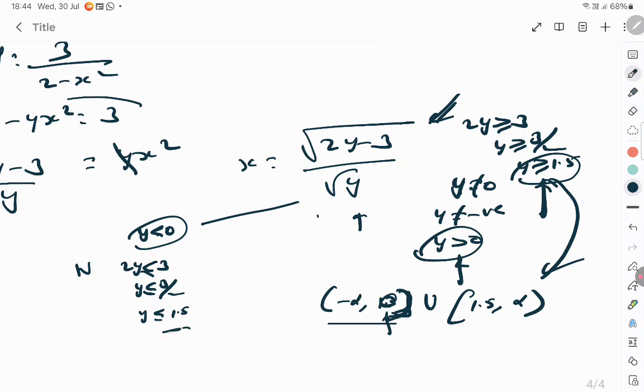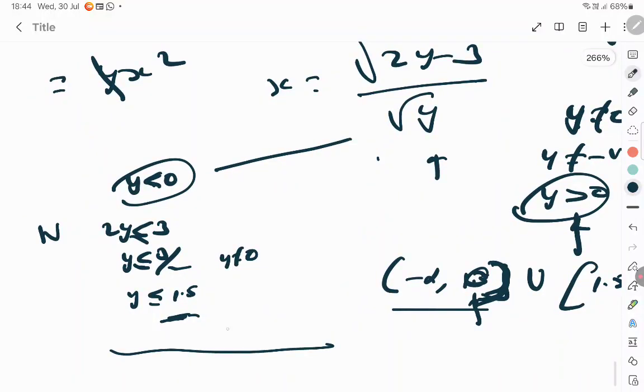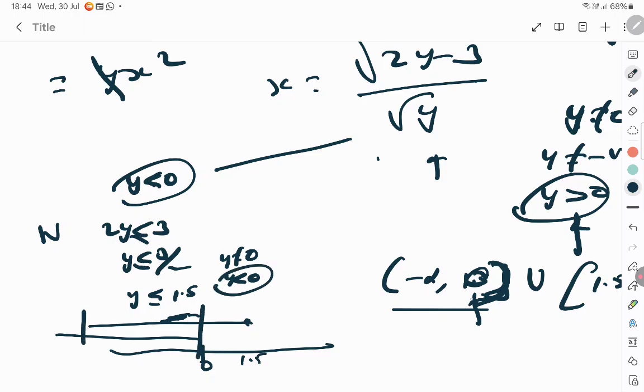And you know, from this derivation, y has to be lesser than or equal to 1.5. But you know, y cannot be 0. So what is the intersection? y cannot be 0. And y can be less than 0. y can be lesser than or equal to 1.5. So the intersection part is this. So y has to be less than 0. So this is the answer.